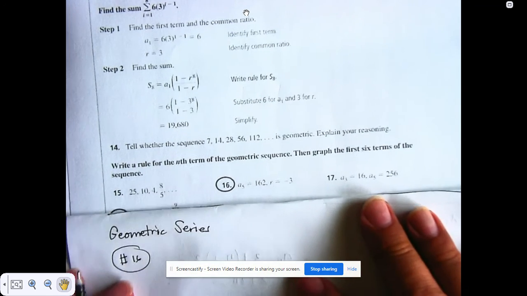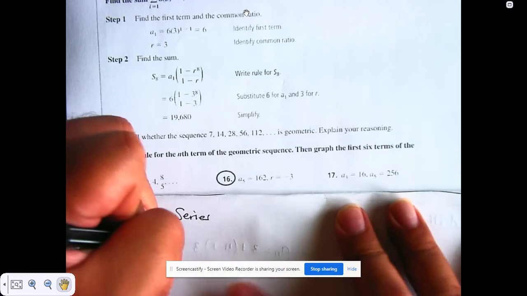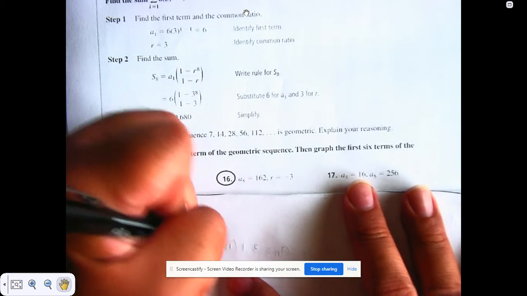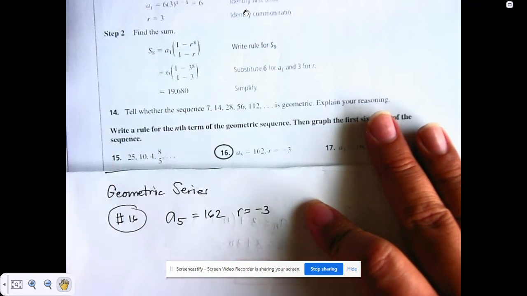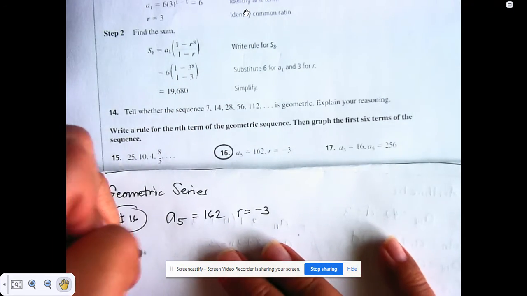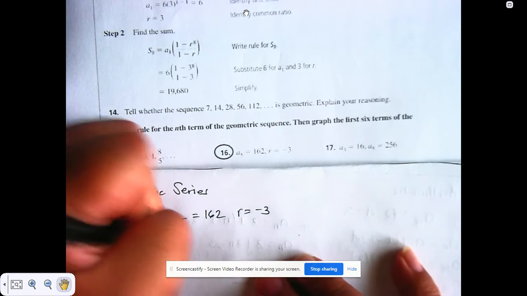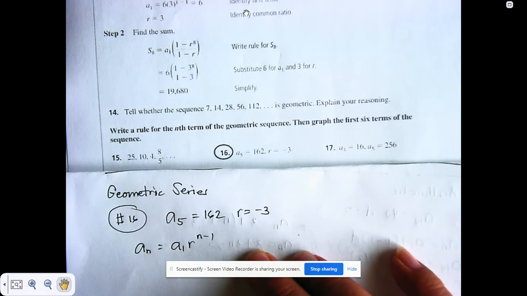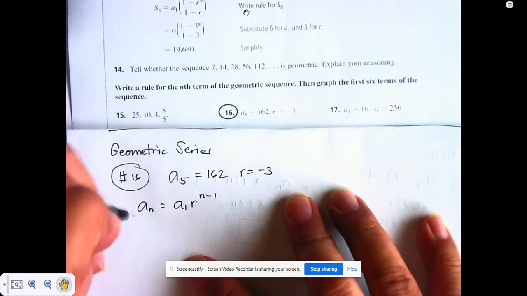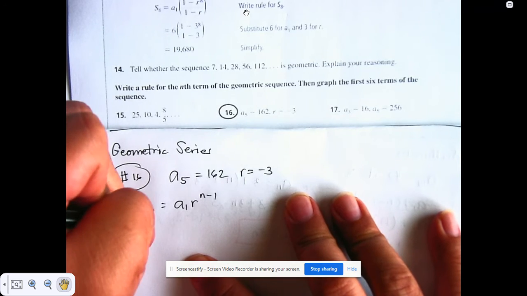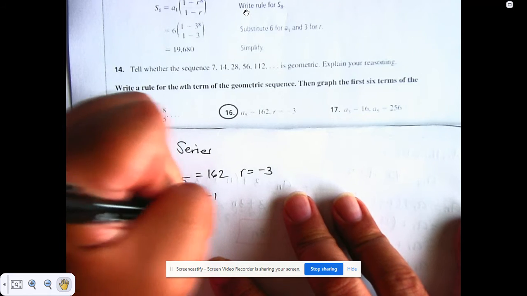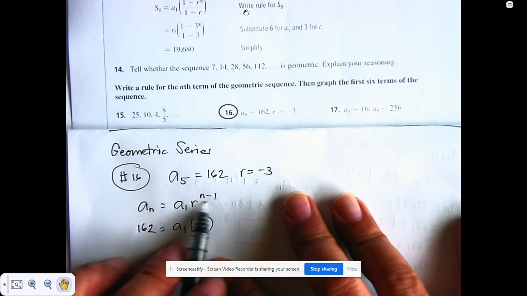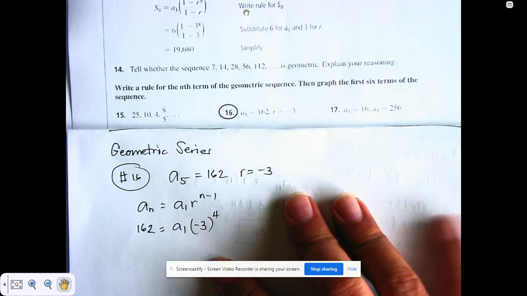So 16, a sub 5 is 162, and r equals negative 3. So again, the formula is a sub n equals a sub 1 times r raised to the n minus 1. So I'm just going to simply substitute the values. A sub 5 would be 162. We don't know what a sub 1 is, right? r is negative 3. Since n is 5, 5 minus 1 is 4.